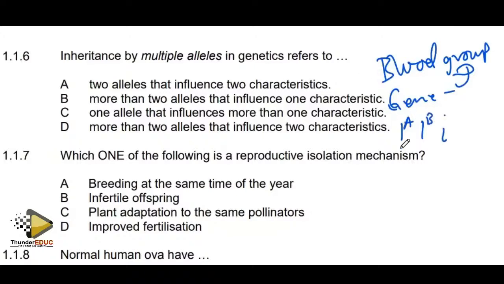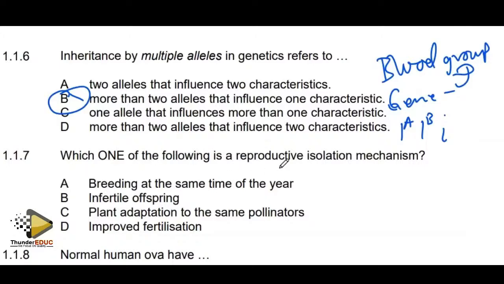So how many alleles do we have? There are 3. Because there are 3, they are multiple. These multiple alleles will influence 1 gene or 1 characteristic, which is blood group. So that's why B is the most correct answer: more than 2 alleles that influence 1 characteristic.